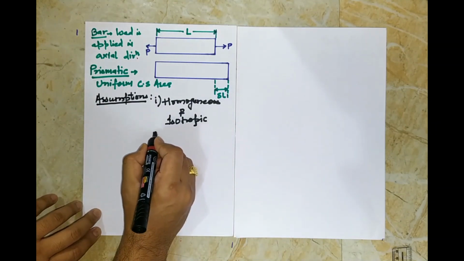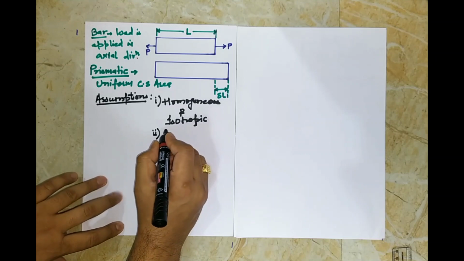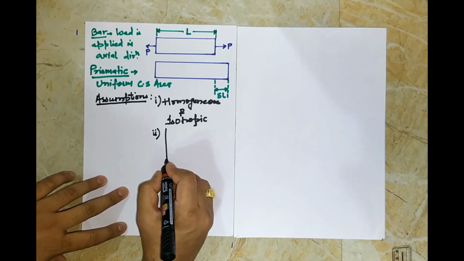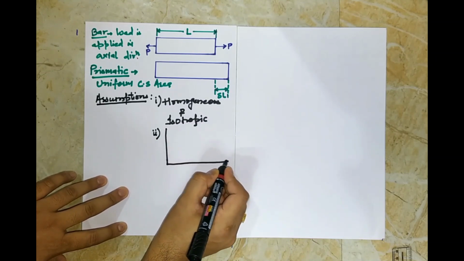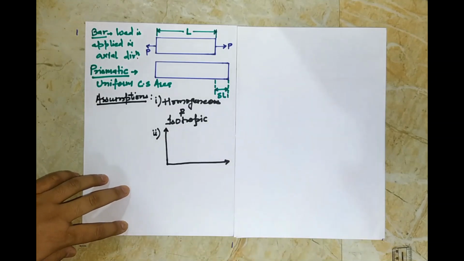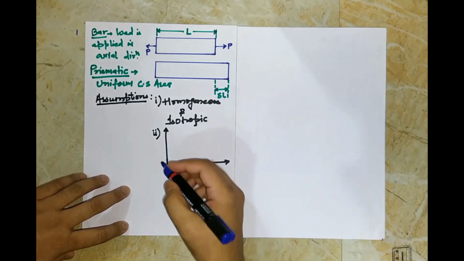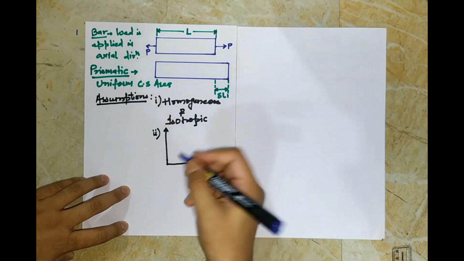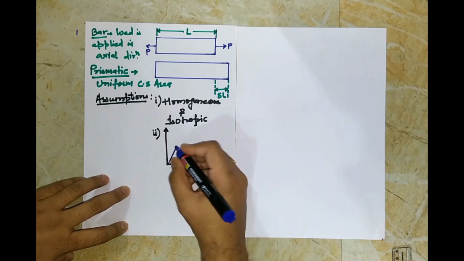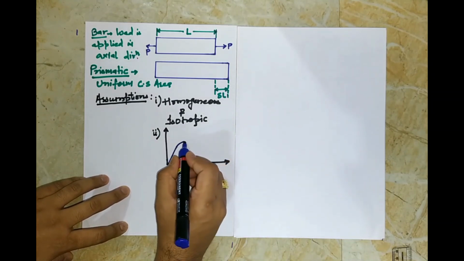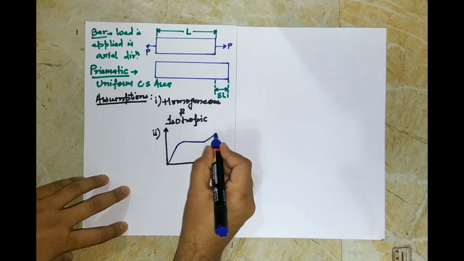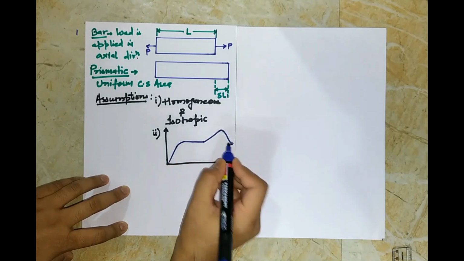Now our second assumption will be that the material is elongated such that it lies in the linear elastic region of the stress strain curve. I had briefed you that this is the stress strain diagram, typically for mild steel. So it is the linear elastic, then non-linear elastic, then plastic, then comes the strain hardening, and then ultimately failure.